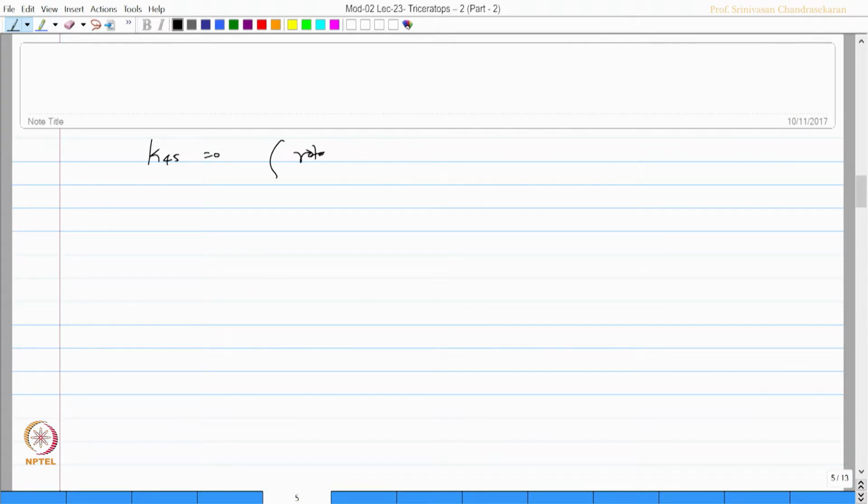K 4 phi will be 0, that is, rotation in the roll degree of freedom due to unit pitch rotation is 0, because roll and pitch are not directly coupled in the buoyant leg. These are all for the buoyant leg.